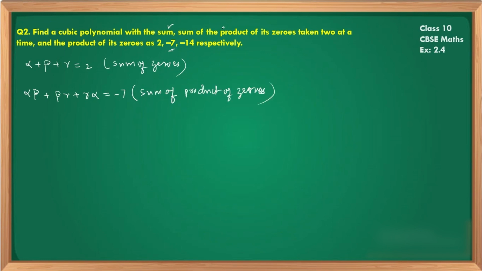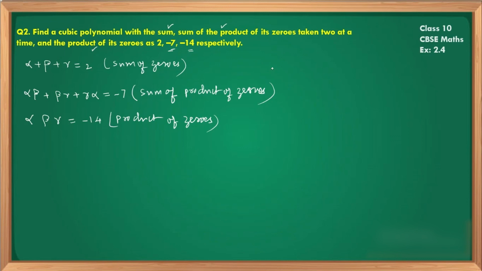Now it is also over. Thirdly, product of its zeros, that is alpha into beta into gamma, is equal to minus 14. This is product of zeros. Now we have written down all these ones. Now we have to find out the cubic polynomial.